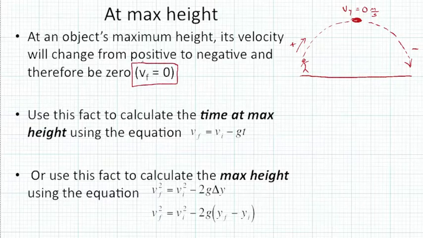Which means we can use this to calculate how long it takes to get to the maximum height by using our equation number 1. Final velocity is initial velocity minus acceleration times time. The assumption is that you would know your initial velocity, but this is going to be 0 meters per second. That's our maximum height. And we should know our acceleration.